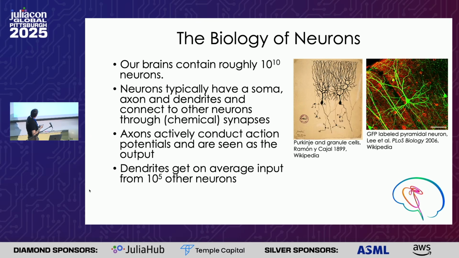So in general, on the biology of neurons, we have about 10 to the 10 neurons in the brain, maybe 10 to the 11. It's a lot of neurons. To give you the fundamental problem, do you remember 10 years ago there was the Blue Brain Project? €1 billion was given to a research consortium in Europe to build an artificial brain.